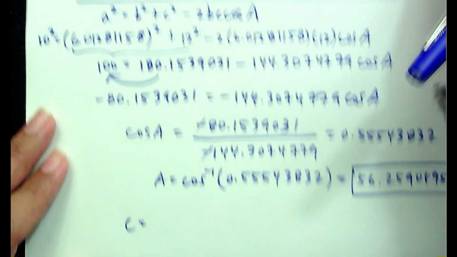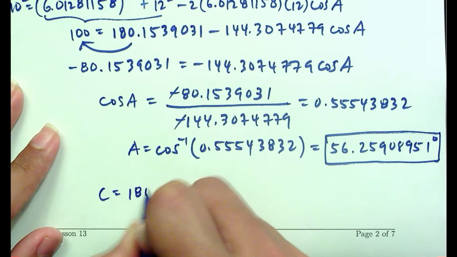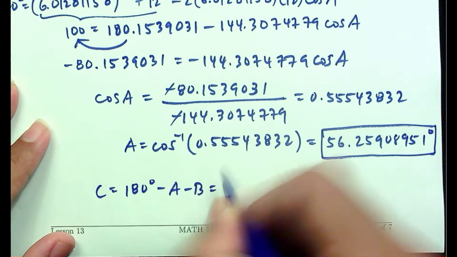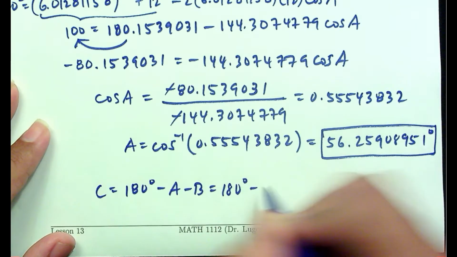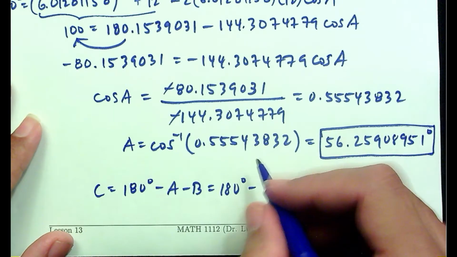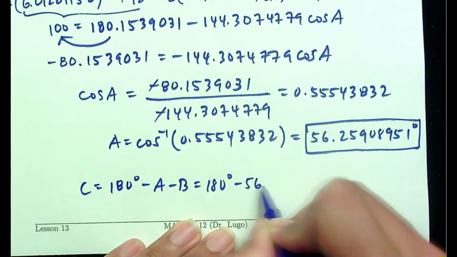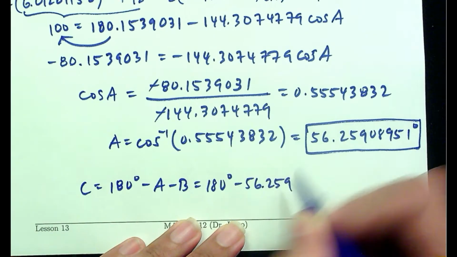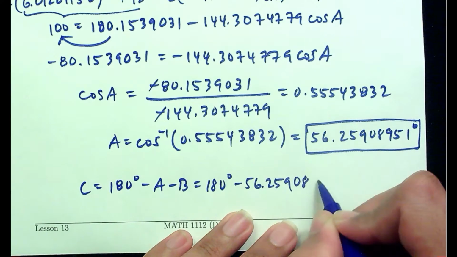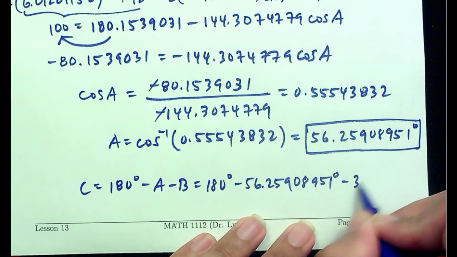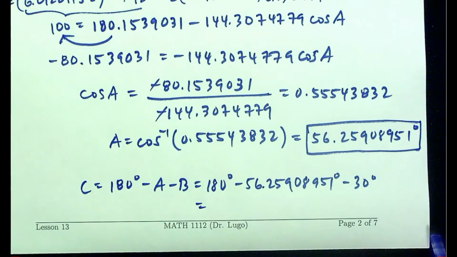C is going to be 180 minus A minus B. A is what we just got. B was 30, they told us. So now let's see what C is.